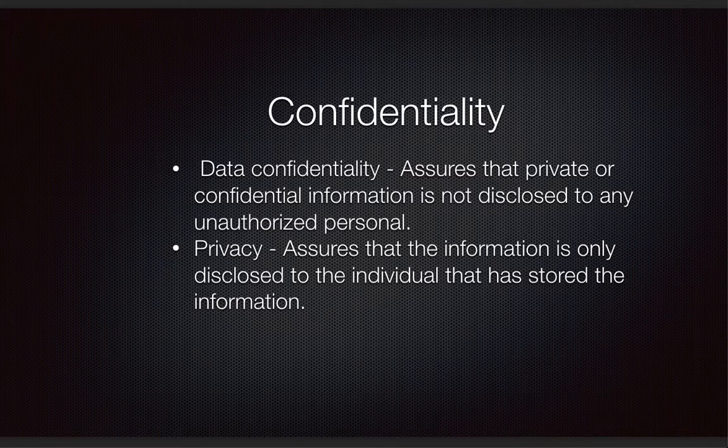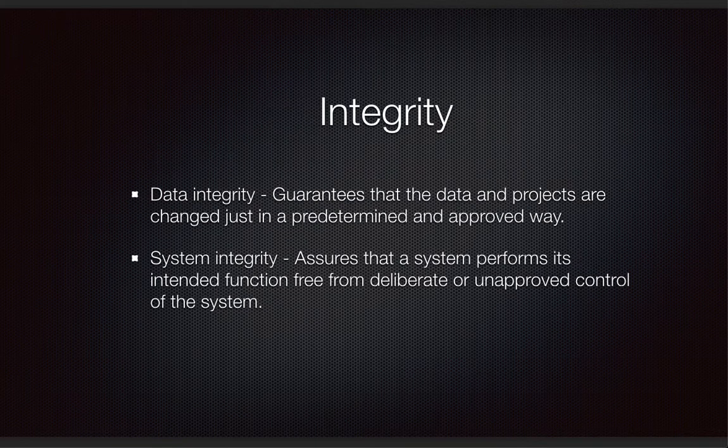Confidentiality. There are two types of confidentiality: data confidentiality and privacy. Data confidentiality assures that private or confidential information is not disclosed to any unauthorized personnel. Privacy assures that the information is only disclosed to the individual that has stored the information.